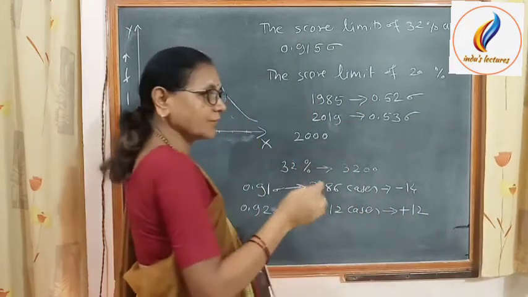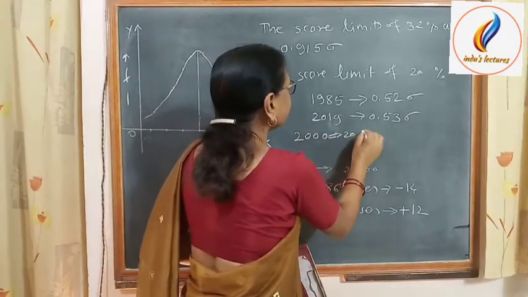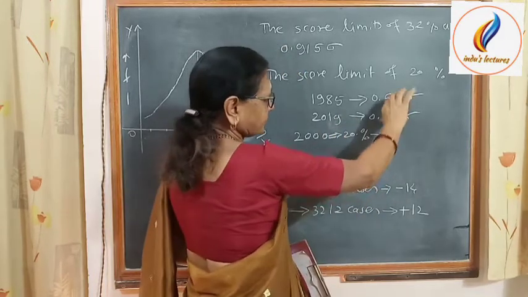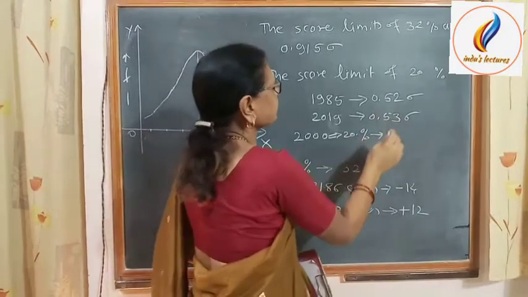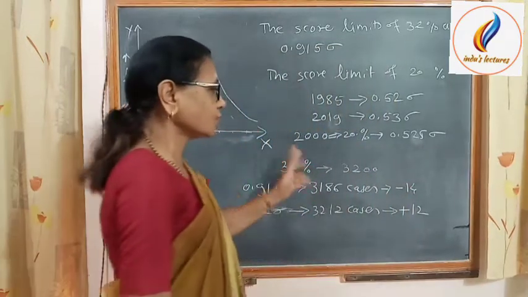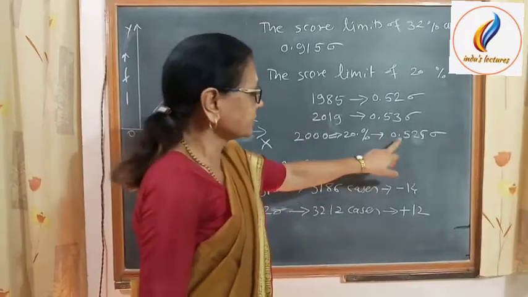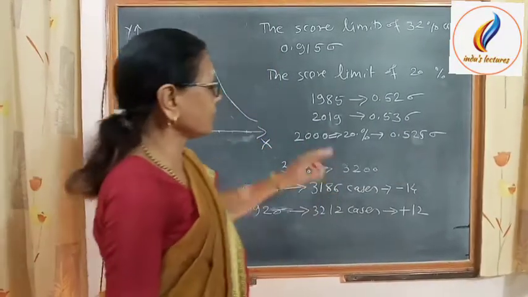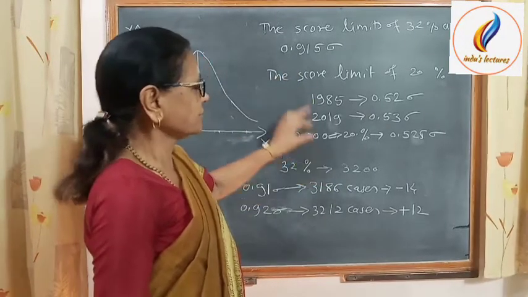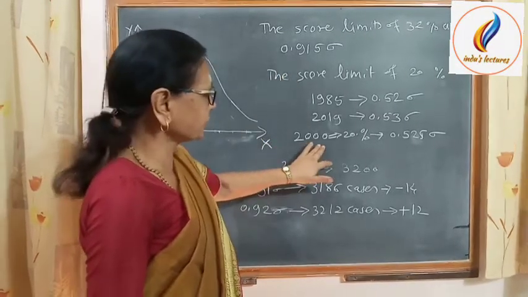And now we have to find the score limit of 2000 cases, which is equivalent to 20%, and therefore we can take the mean of these two sigma scores, that means 0.525 sigma. So the score limit of 20% is mean and 0.525 sigma, because we cannot find exactly the figure 2000, and we take near about the figure 2000.